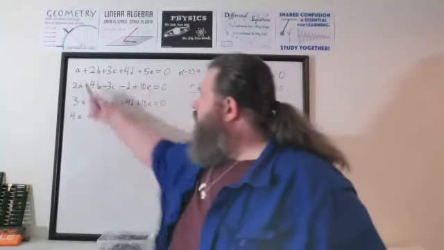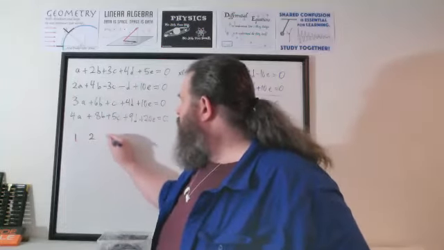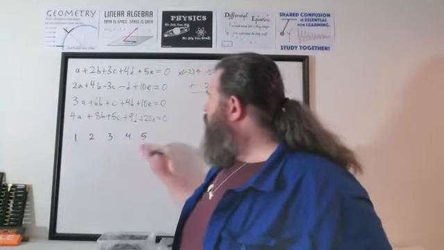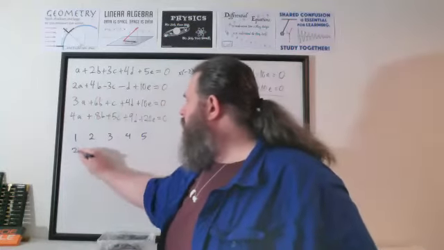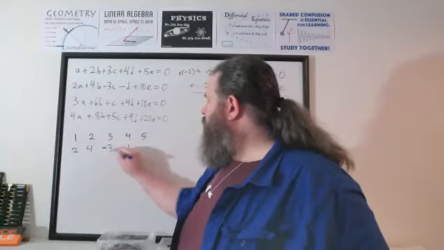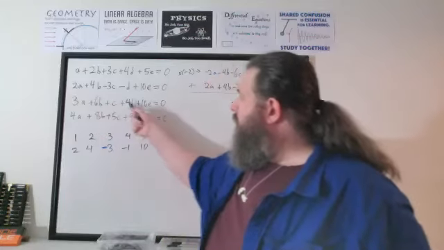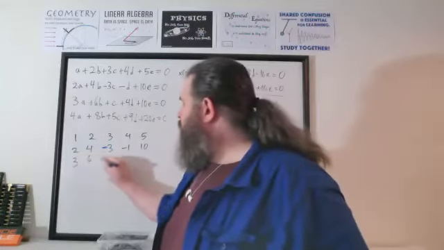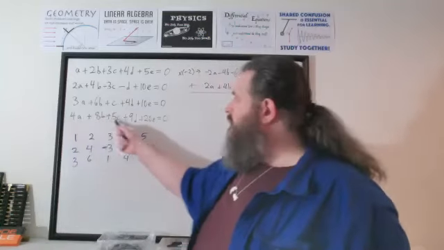First equation, just looking at the coefficients, 1, 2, 3, 4, 5. Second equation, 2, 4, -3, -1, 10. Third equation, 3, 6, 1, 4, 10. And fourth equation, 4, 8, 5, 9, 20.